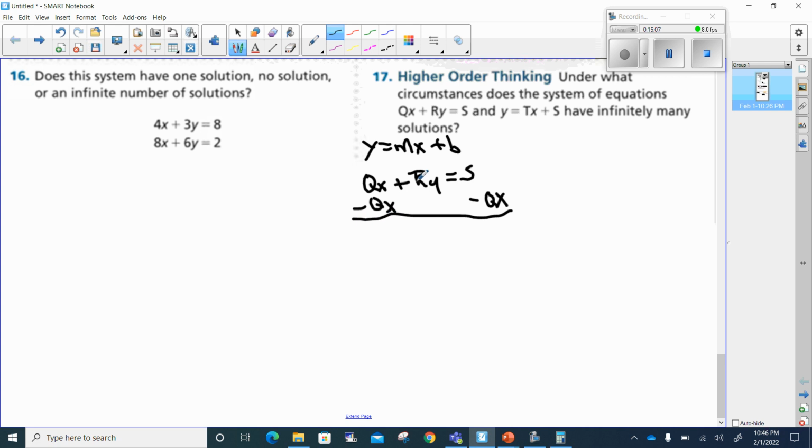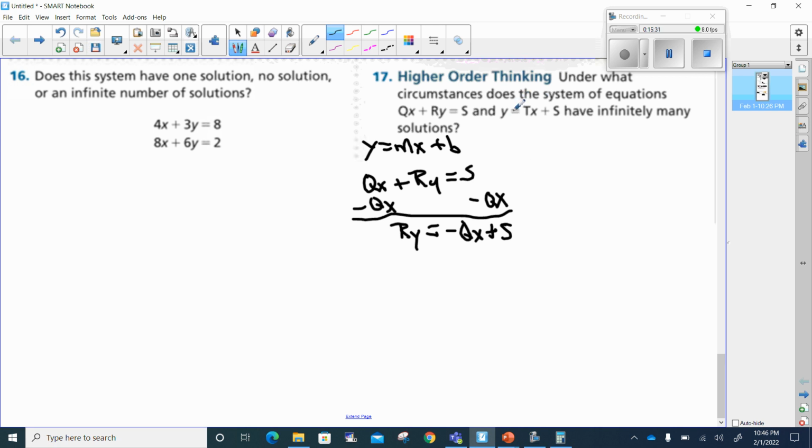Now let's rewrite everything. This is going to be ry equals negative qx plus s. All right. Now let's rewrite this other one.